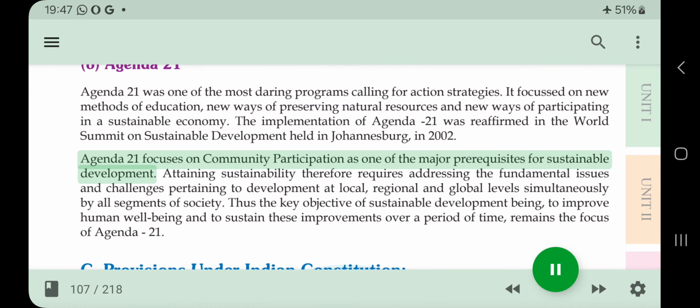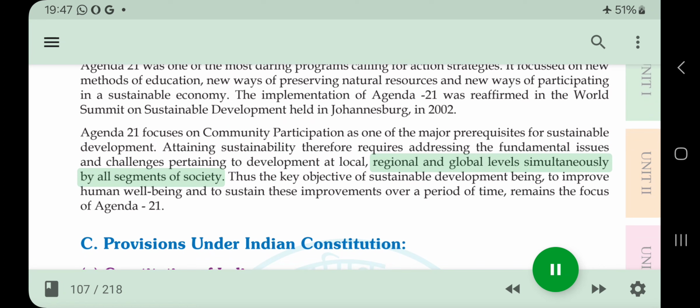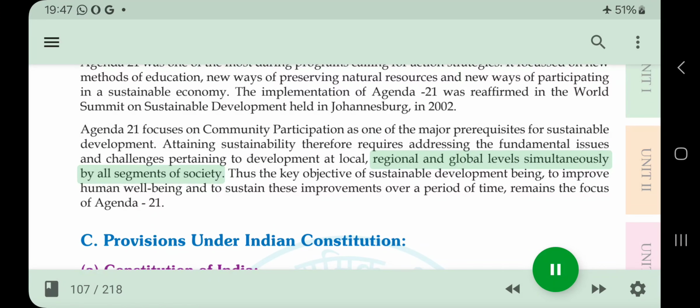Agenda 21 focuses on community participation as one of the major prerequisites for sustainable development.